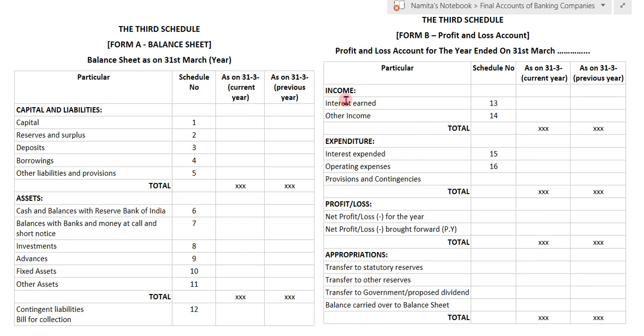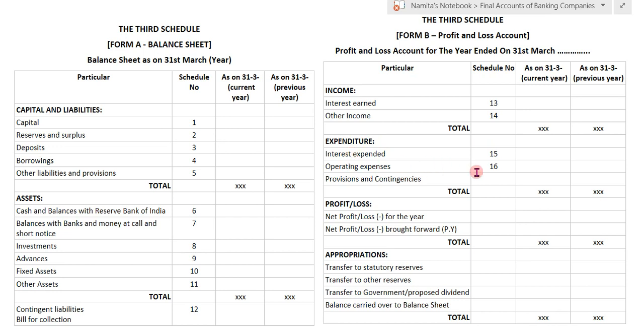Now in income there are a total of 2 schedules, that is interest earned, schedule number 13, and other income, schedule number 14. So the total of income will be written in the amount column. Next is expenditure.